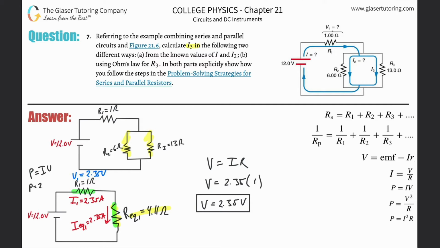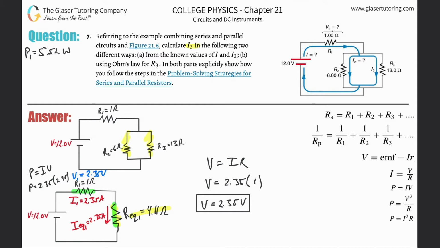The current here is 2.35 and the voltage is 2.35, so we're just going to basically square it. Square that value, it's 5.52. So P1 is going to equal about 5.52 watts.